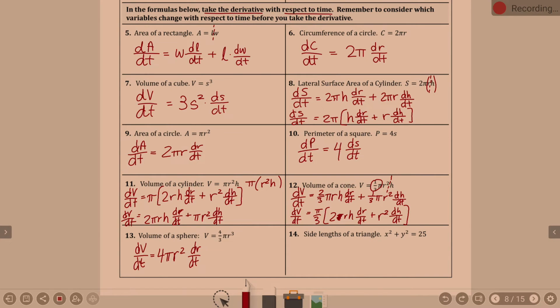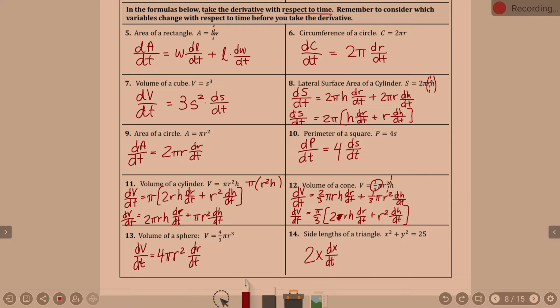The difference here on each of these is that we've just been taking the derivative of each piece with respect to time. What's the derivative of x squared? 2x dx/dt. Still with respect to time.